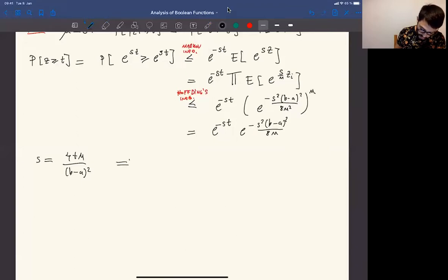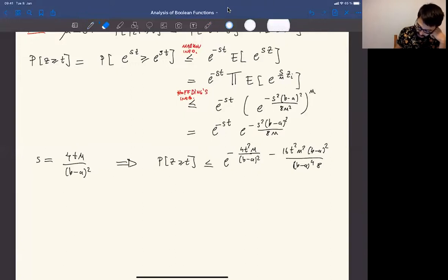And so you get that the probability of z greater than or equal to t is less than or equal to, if you just replace everything, this will be 4t squared over m divided by (b minus a) squared. And this would be 16 t squared m squared, (b minus a) squared, divided by (b minus a) to the power 4 times 8. Oh no, there was a mistake here.